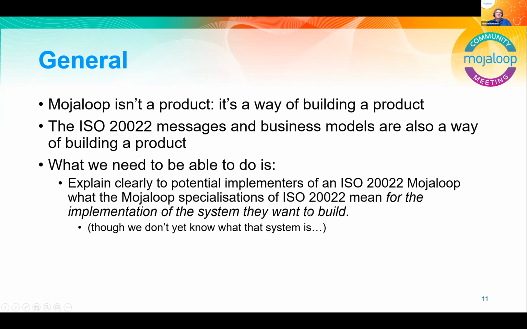So they need to be able to know what sorts of things the Moduloop system insists on or forbids in relation to the more general landscape of the sorts of things that ISO 20022 in itself would support.